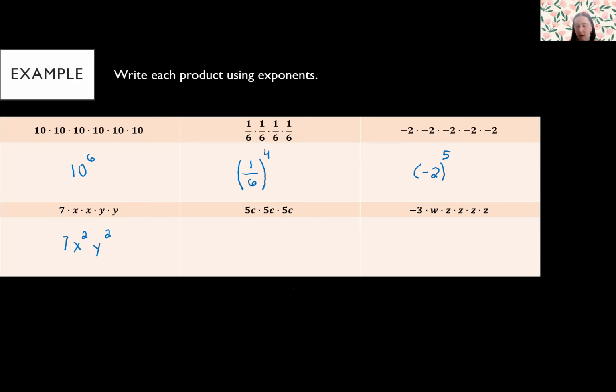So the next example I have is 5c times 5c times 5c. So the thing that's being multiplied multiple times here is the 5c. And since the 5 and the c are together, to indicate that those both are being repeatedly multiplied, we need to put those in parentheses. So we have to indicate the whole thing 5c is in parentheses.